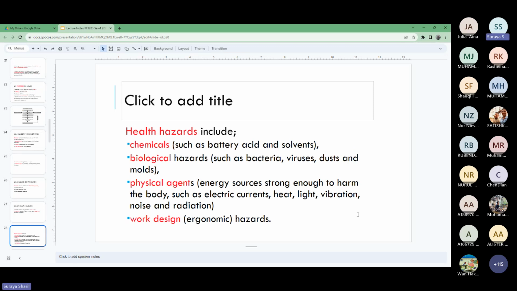This is some example list for health hazard. For example, if it is involving chemicals, such as battery acid, solvents, biological hazard, bacteria, viruses, dust, mold, physical agents, work design.